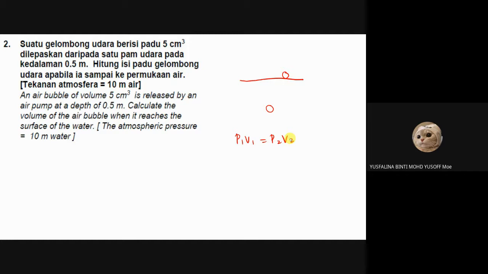So you have to remember, this is actually inside of the water. Inside the water, there are two pressures acting on the air bubble. The first one comes from the atmospheric pressure, and the second one comes from the water itself, right? So let's say I took P1 V1 in the water, and this one at the surface of the water.